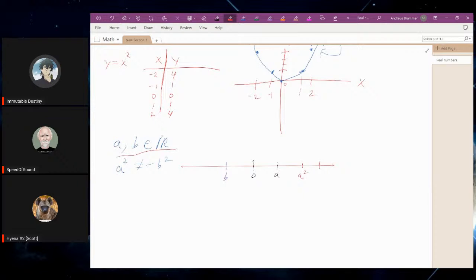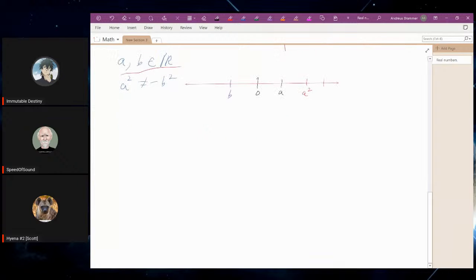And this actually acts as a perfect segue into the idea of what are called complex numbers and the imaginary number. So first of all, the imaginary number.